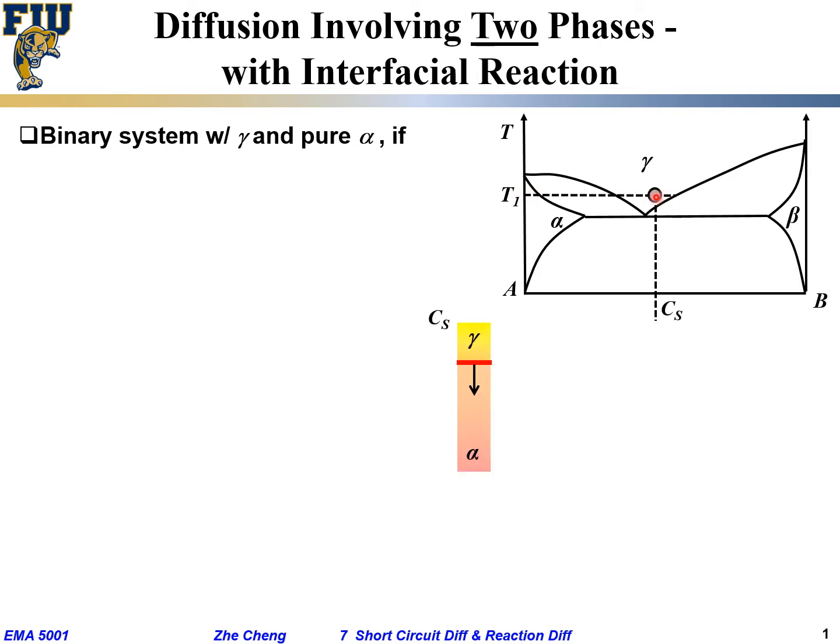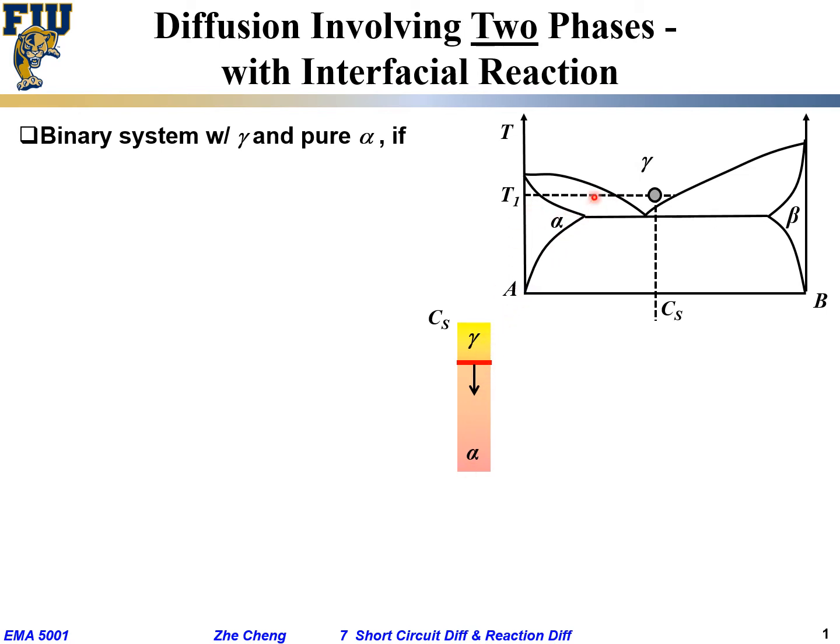One piece here, one piece here. I have alpha, I have gamma, and naturally I'm drawing an interface between alpha and the gamma.